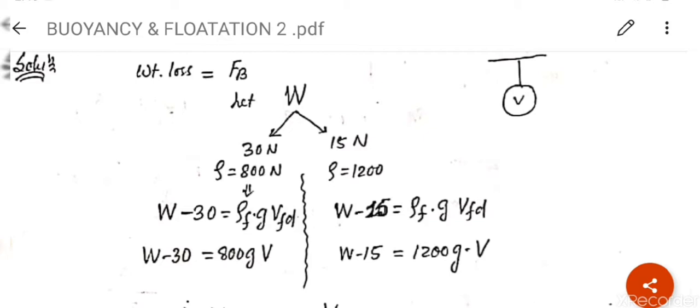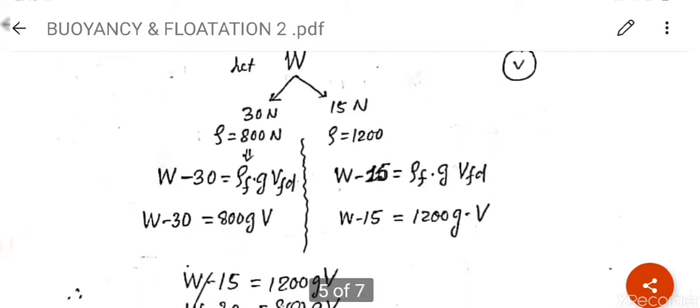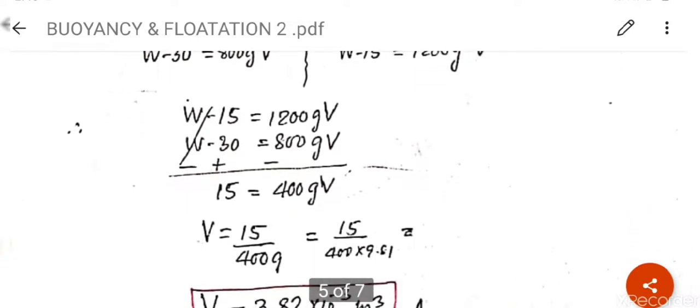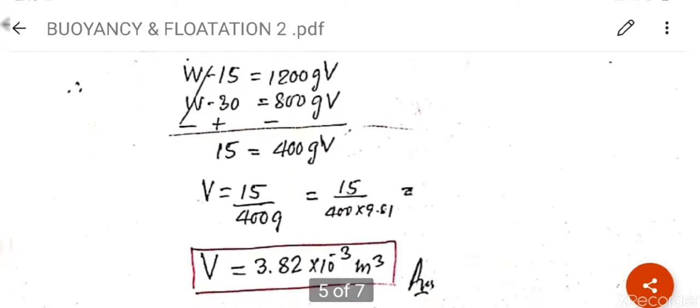So final expression will be W minus 30 is equal to 800 g into V, and next equation W minus 15 is equal to 1200 g into V. So after solving these two equations, we will get value of V. Value of V is equal to 15 upon 400 g. Clear. So final answer will be volume is equal to 3.82 into 10 raised to minus 3 meter cube.